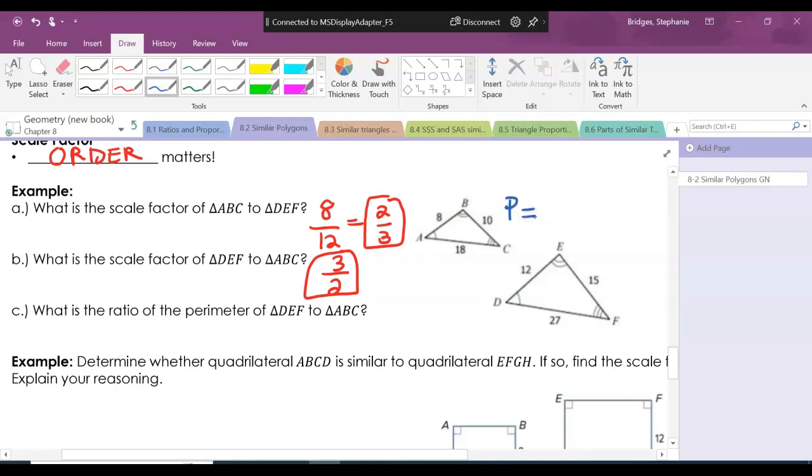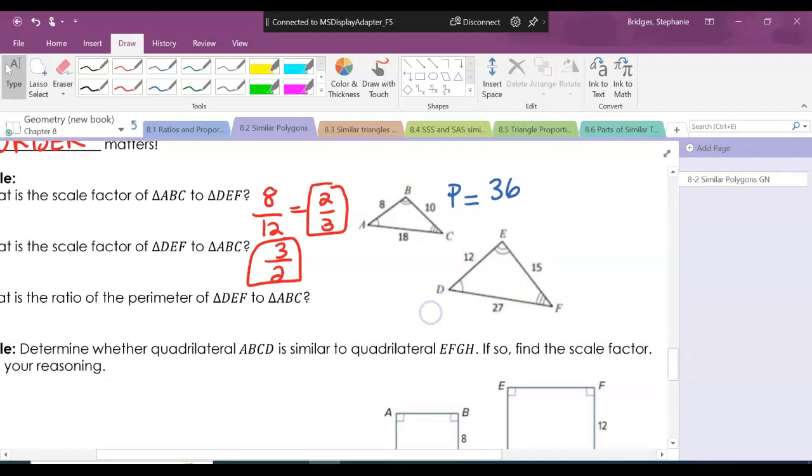What is 8 plus 10 plus 18? 36, okay. And then do the same thing for DEF. We're going to add 12, 15, and 27. 54.